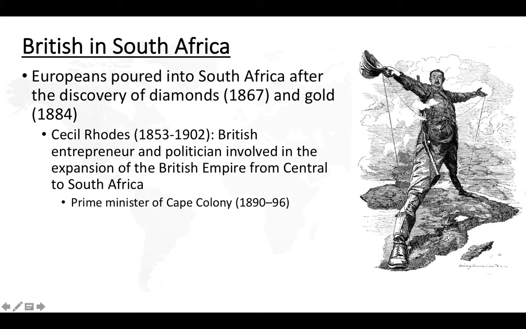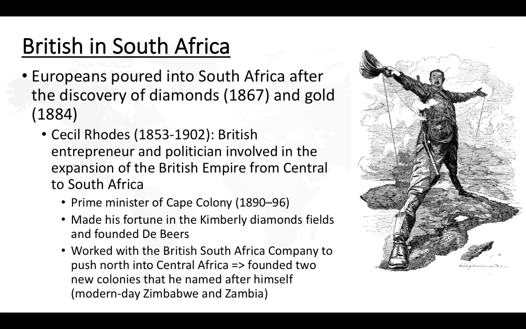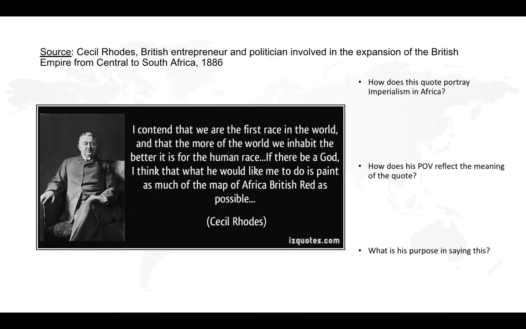He became the Prime Minister of Cape Colony, Cape Town, from 1890 to 1896. He made his fortune in diamonds, mining diamonds and selling those diamonds. He worked with the British South Africa Company, a joint stock company, to push as far north into Central Africa as he could. And he founded 2 colonies that he named after himself, Zimbabwe and Zambia in Africa.